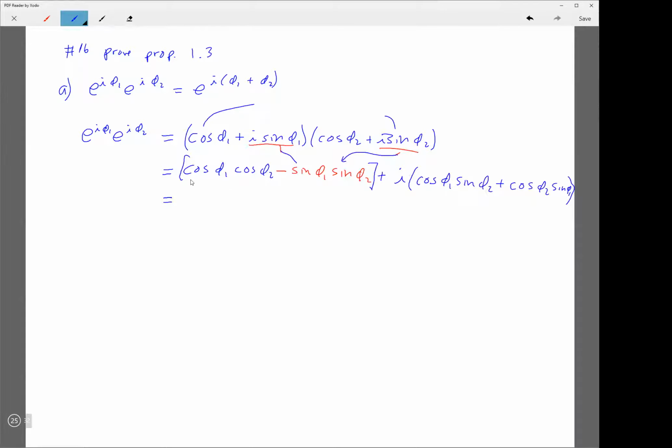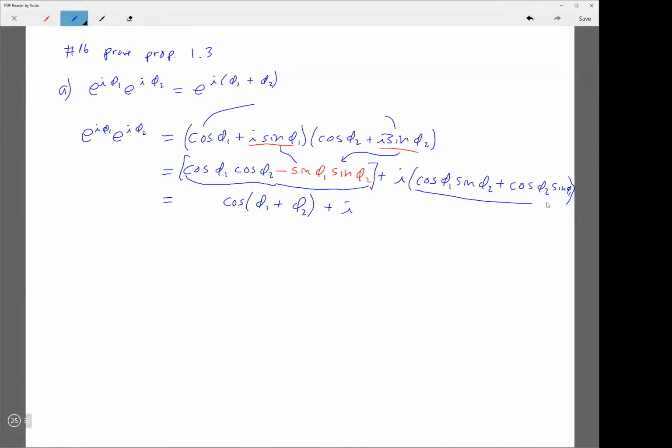And this term right here, if you look at trigonometric identities, that is going to be the cosine of phi1 plus phi2. All this is just that. And then guess what this one is?